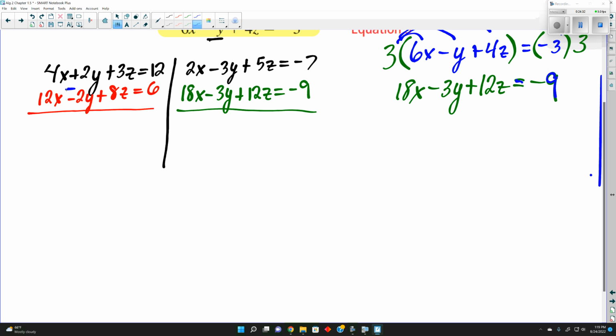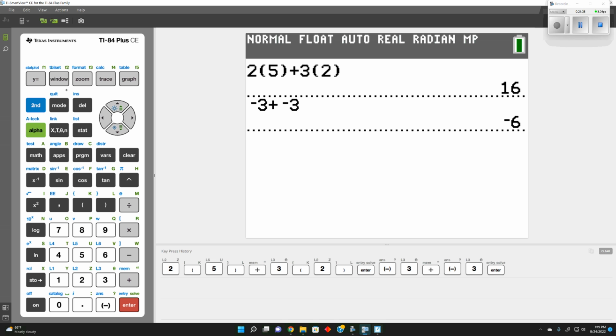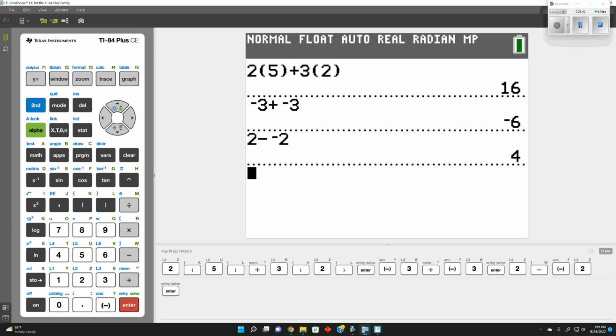So what is 2 minus negative 2? 2 minus negative 2 is 4. Negative 2 minus 2 is negative 2, isn't it? So we wouldn't subtract, we would add. 2 plus negative 2 is 0.